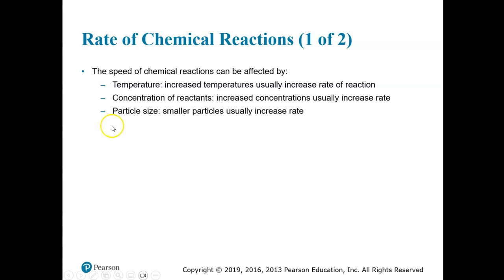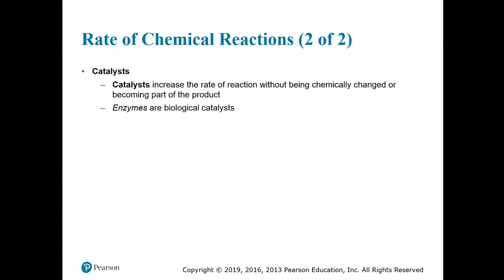It will speed it up. When the concentration of the reactants is increased, that will increase the rate of reaction up to a certain point, and then it won't have any effect anymore. And then the smaller the particle sizes, for example, when we chew up our food, they're going to react and digest more quickly than if we swallow our food whole.